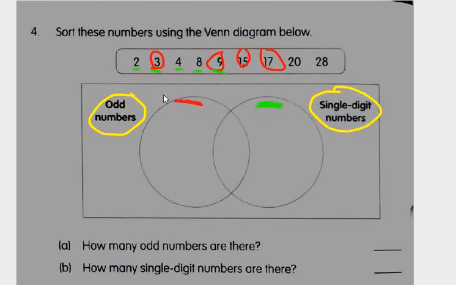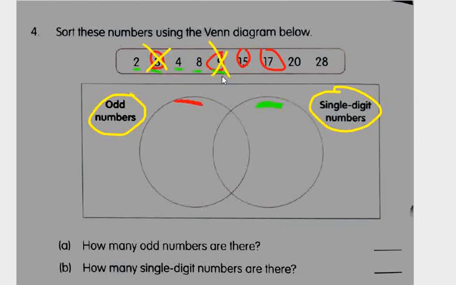They must be odd numbers but also single digit numbers. So the answer are the numbers that have 2 marks, like this one and this one, right?